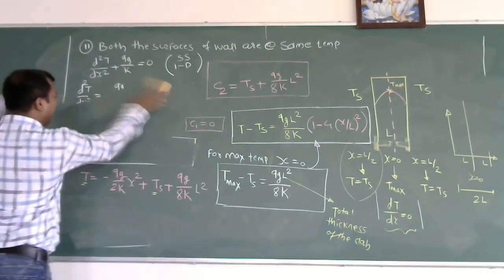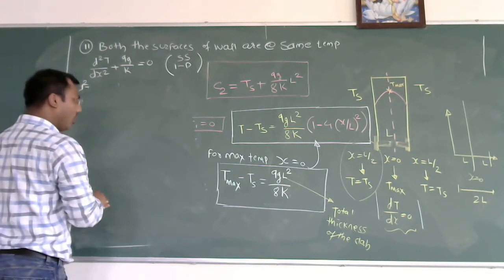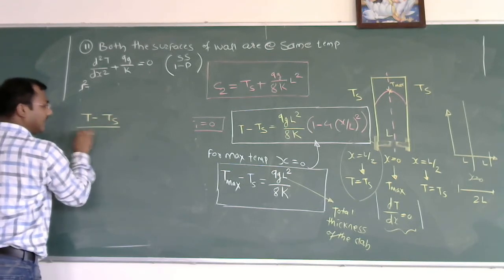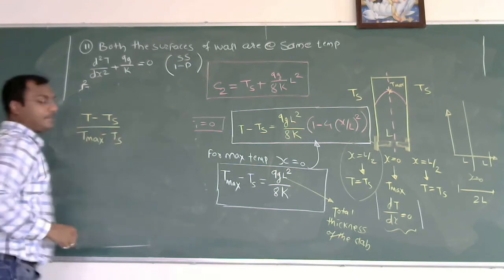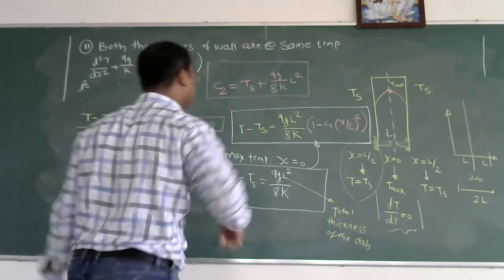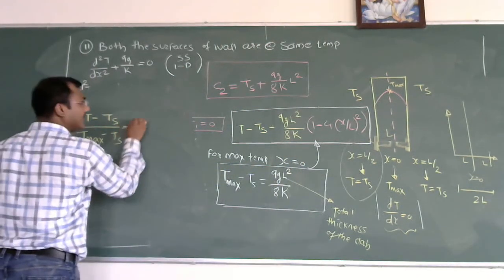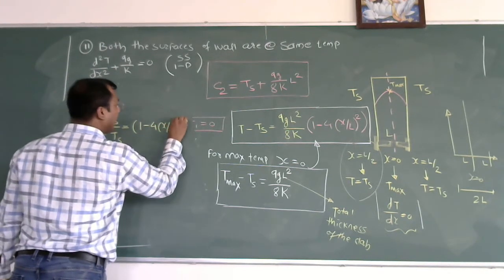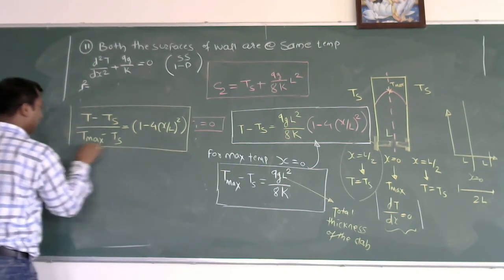Then, if I consider this ratio of T minus Ts divided by T max minus Ts, this and this get cancelled. I am getting is equal to 1 minus 4 times x by L square. This becomes one important result.